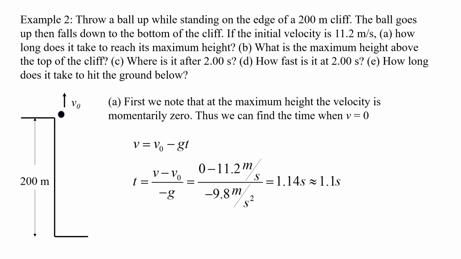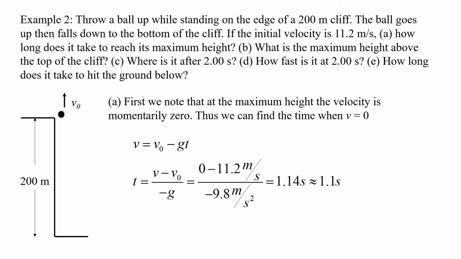We have minus 11.2 meters per second divided by negative 9.8 meters per second squared. The meters cancel out. One of the seconds cancels out, and we get 1.14 seconds. Rounding it to 2 significant digits, we get 1.1 seconds. So that's how long it takes to reach the maximum height.